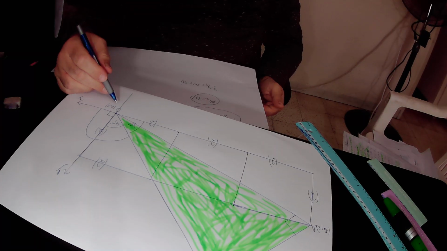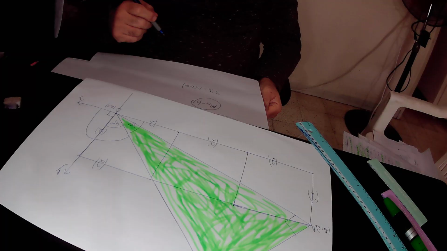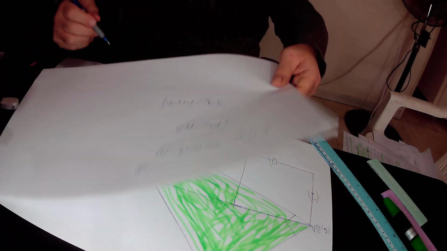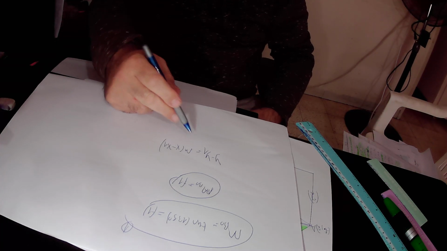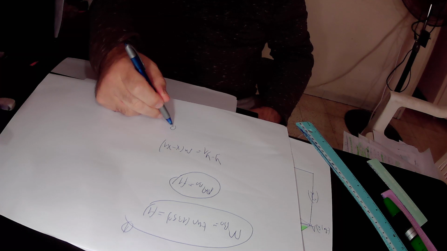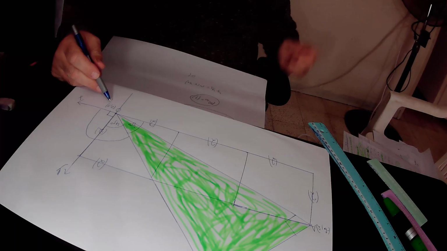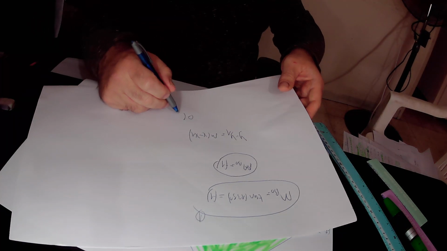Point O lies on the straight line BO, and therefore we can substitute x1 by 0 and y1 also by 0. Again, the coordinates of point O, that is the origin of this coordinate system, equal 0, 0.